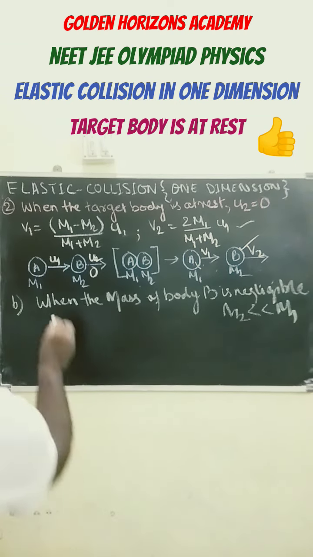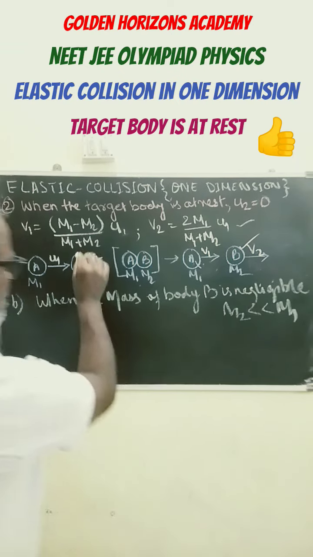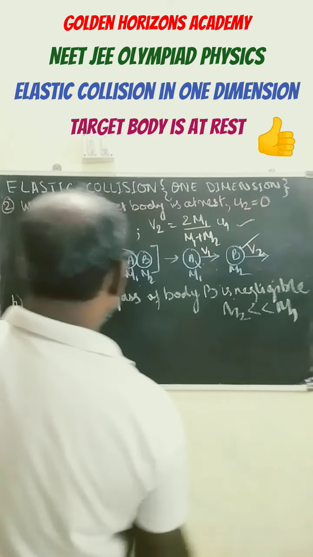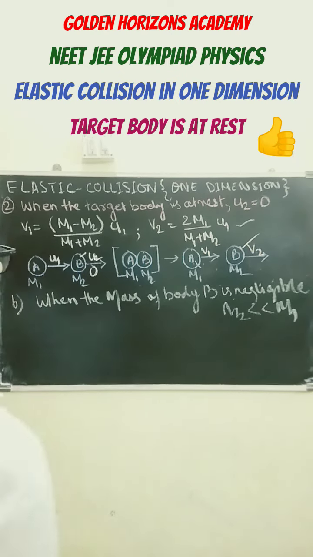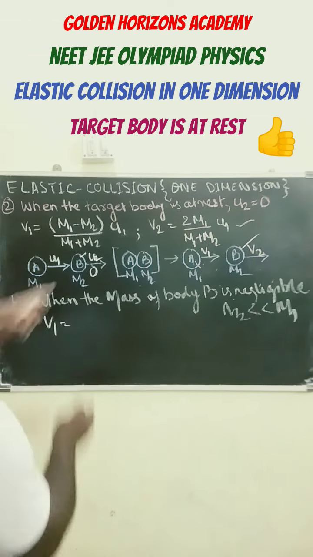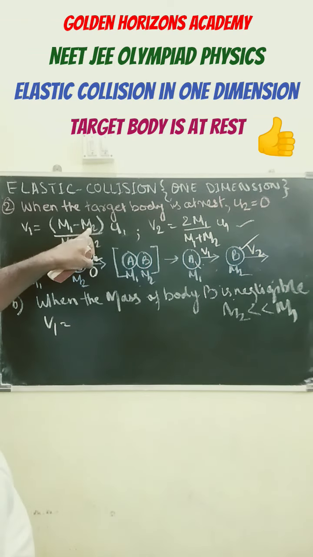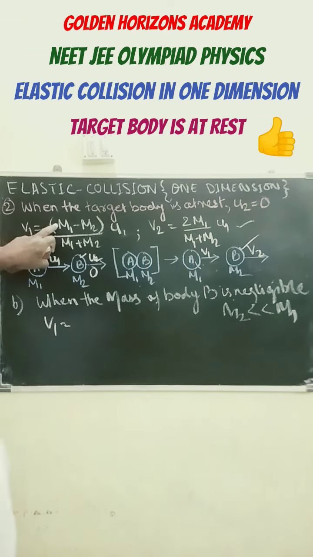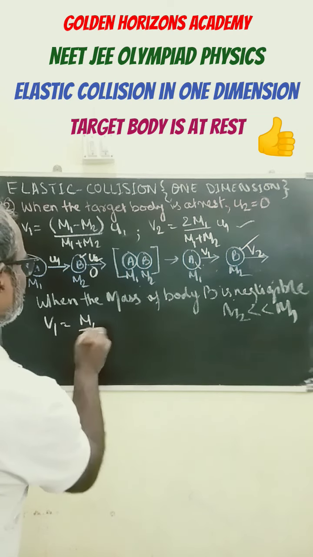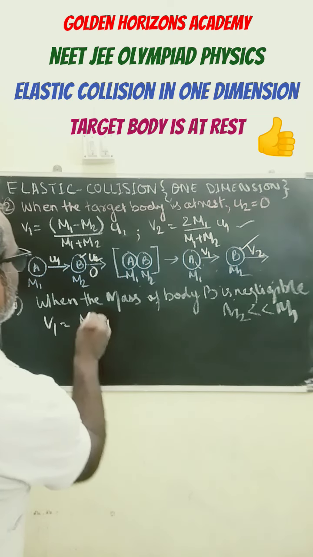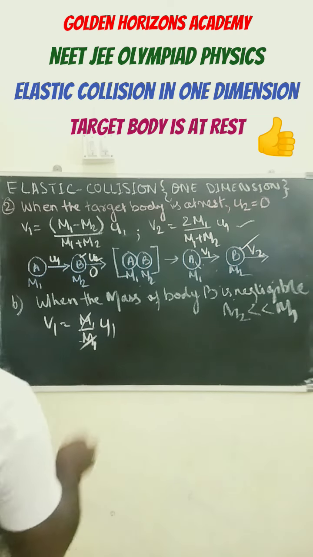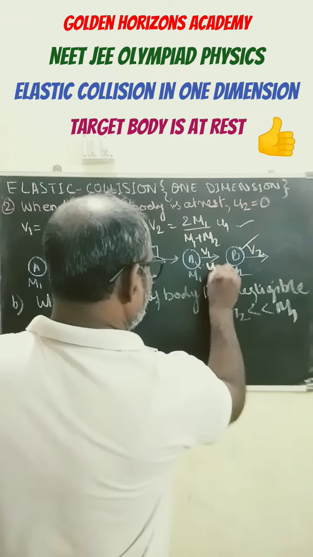Next condition is when the mass of the body B, that is this, is negligible, that means it is very less than m1. Then what we find here is, if you take out m2, don't consider it here, we get m1 by m1. So the velocity v1 becomes u1.